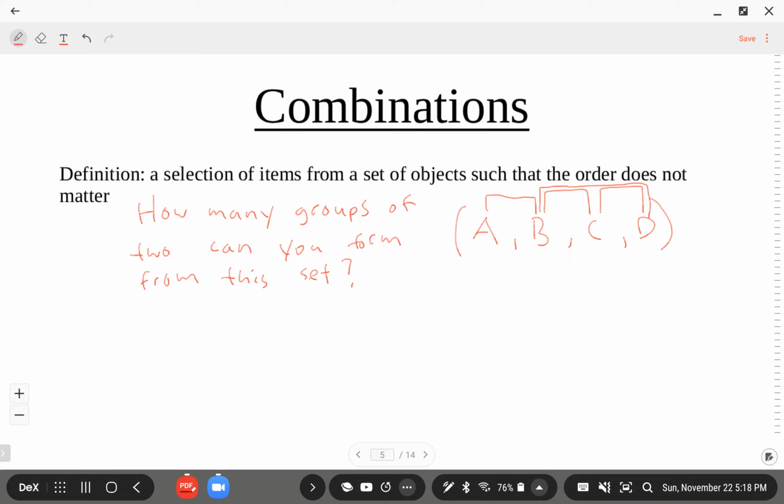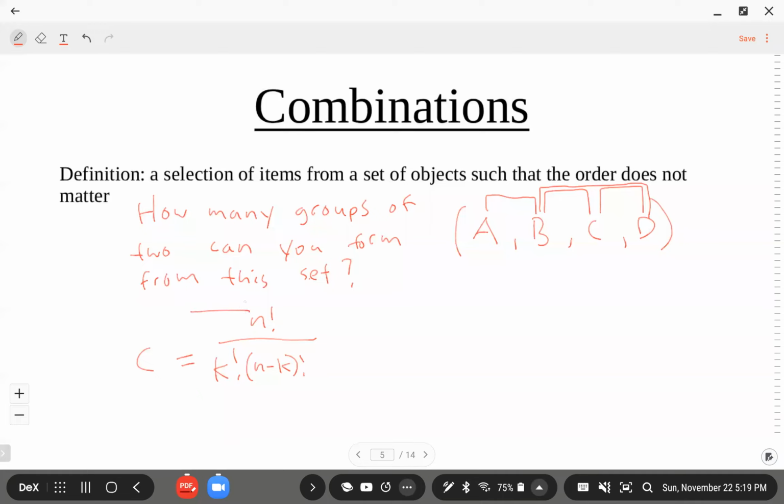The combination formula: C is the combination, of course, and it's n factorial over k factorial times n minus k factorial. That is the combination formula, and I'm going to explain what everything means.